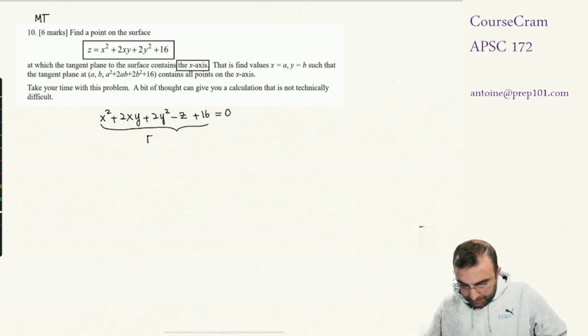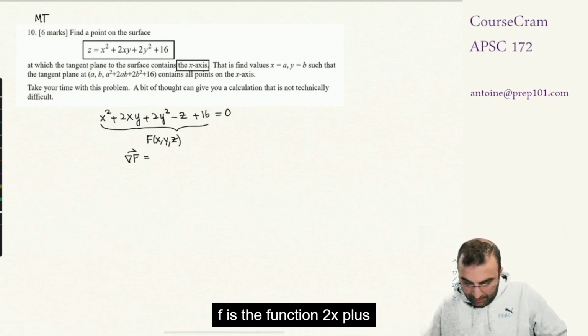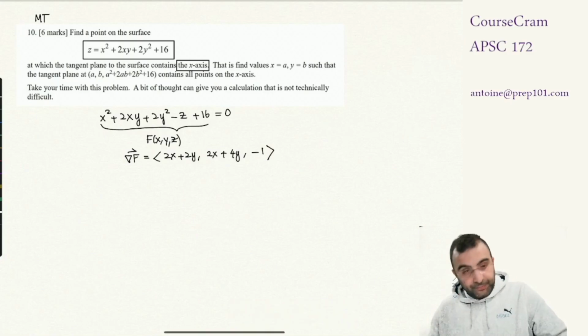So the gradient of f is (2x plus 2y, 2x plus 4y, minus 1).